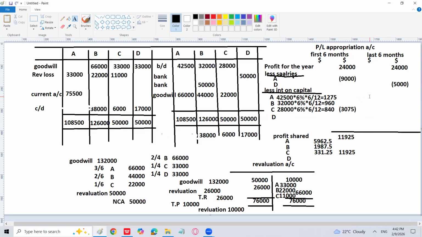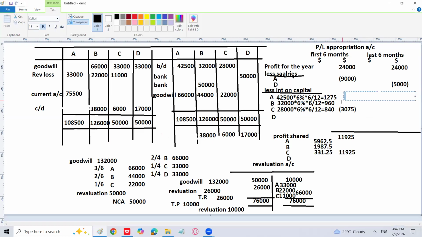For B, I'm sorry, 38,000 into 6% into 6 over 12. So what is the amount? Because the capital of B is not 32,000 for the next 6 months. It was 38,000. 1140.